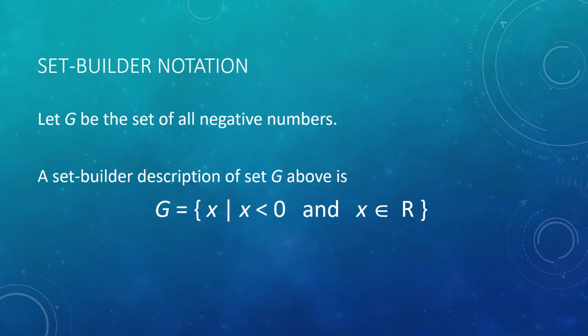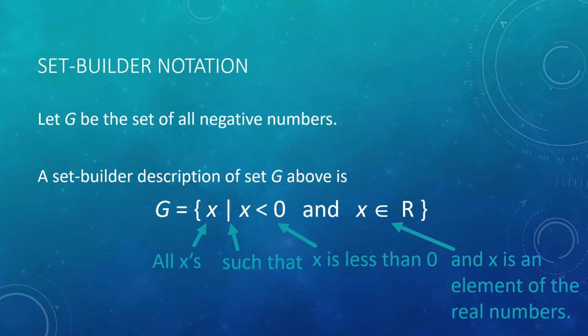So it says G is the set of all x's such that x is less than 0 and x is an element of the real numbers. So R here stands for the real numbers.